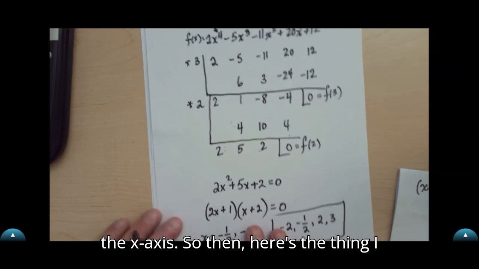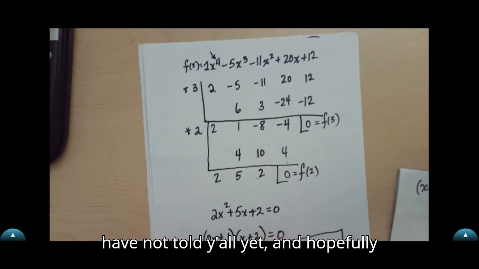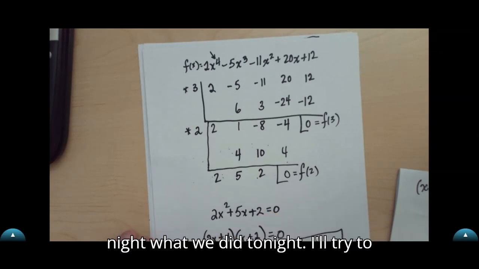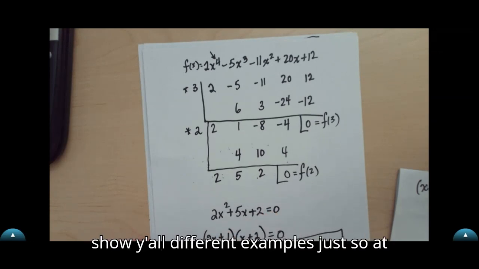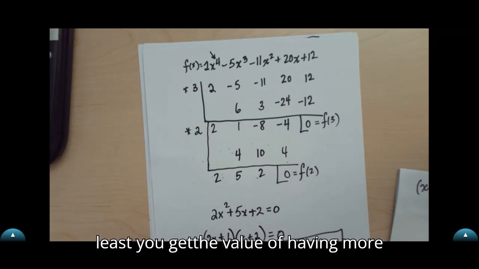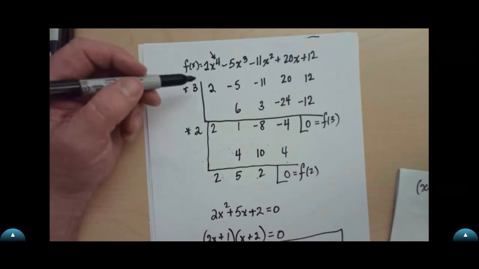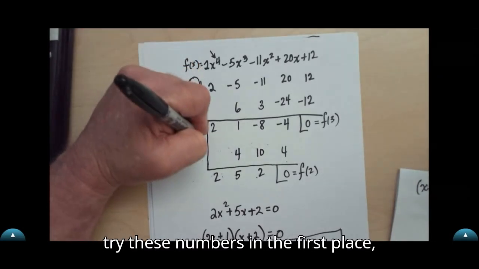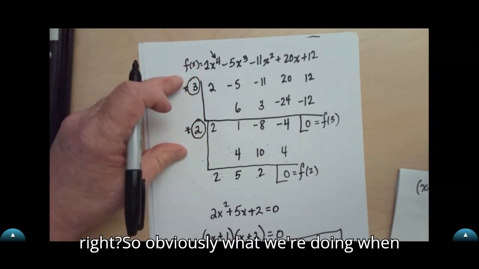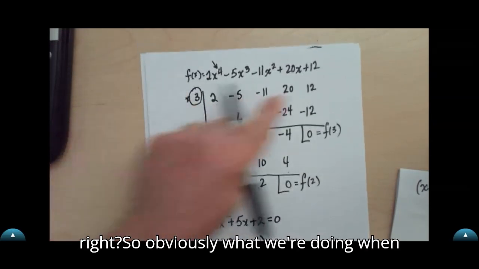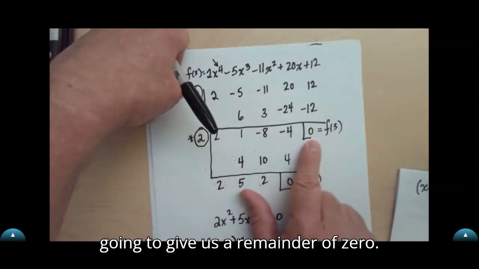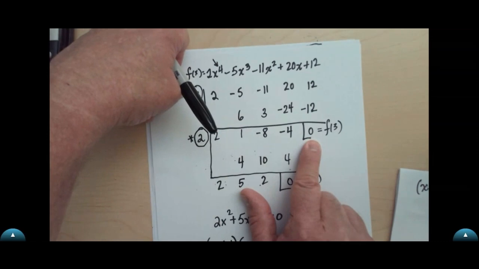So then here's the thing I have not told y'all yet, and hopefully we'll get to this Wednesday night, because I'm kind of rehashing Wednesday night what we did tonight. I'll try to show y'all different examples just so at least you get the value of having more different examples to look at. What I haven't told you is how I knew to try these numbers in the first place, right? Obviously what we're doing when we do this synthetic division is trying to put a number out here that's going to give us a remainder of 0.